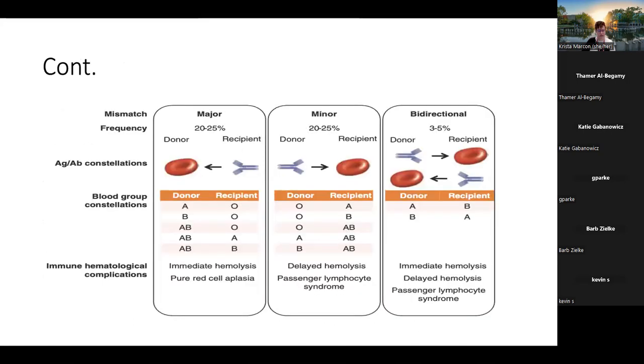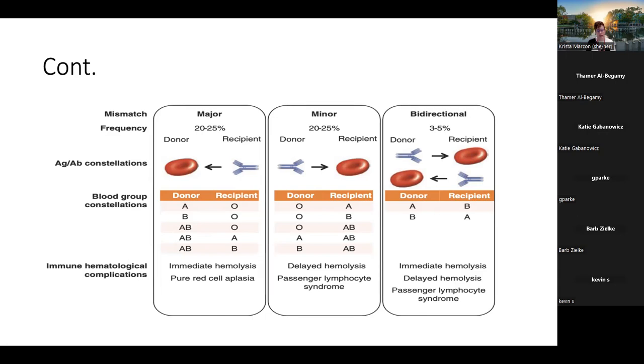So just as a reminder, there are 3 groups of ABO mismatch that can be distinguished in hematopoietic stem cell transplant. We have the minor, which is the most common thing we see in PLS. We have the major and the bidirectional ABO incompatibility. For the minor, as we said before, it could be an O group donor to an A, B, or AB recipient.